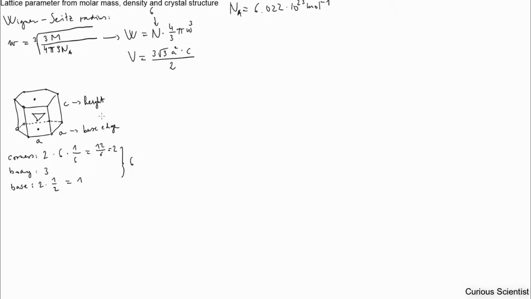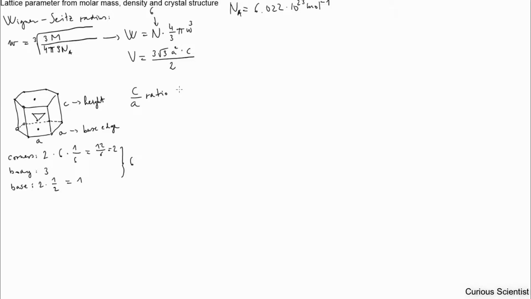But there is a little bit of a problem. There is this c, which we don't usually know from the material. When we meet an HCP material, we usually know the ratio of c and a, so basically the c over a ratio.